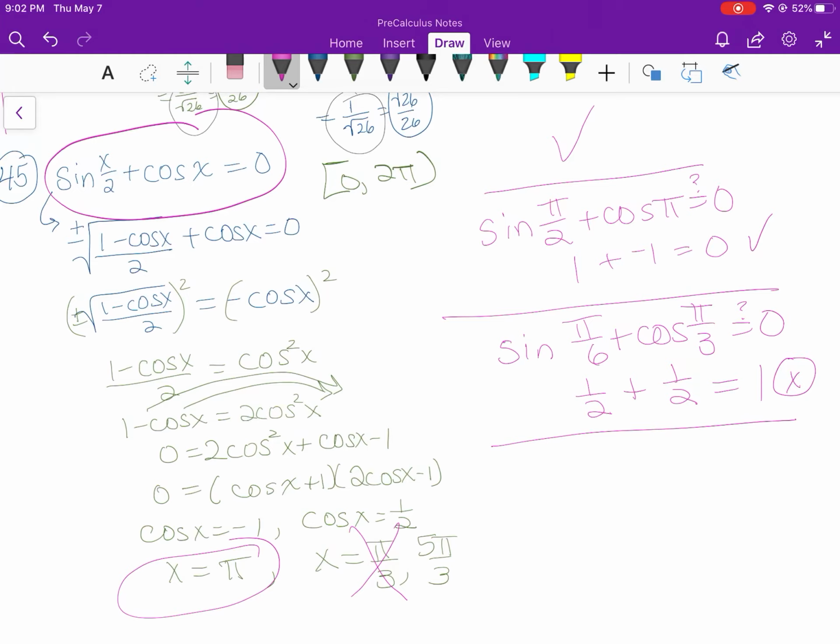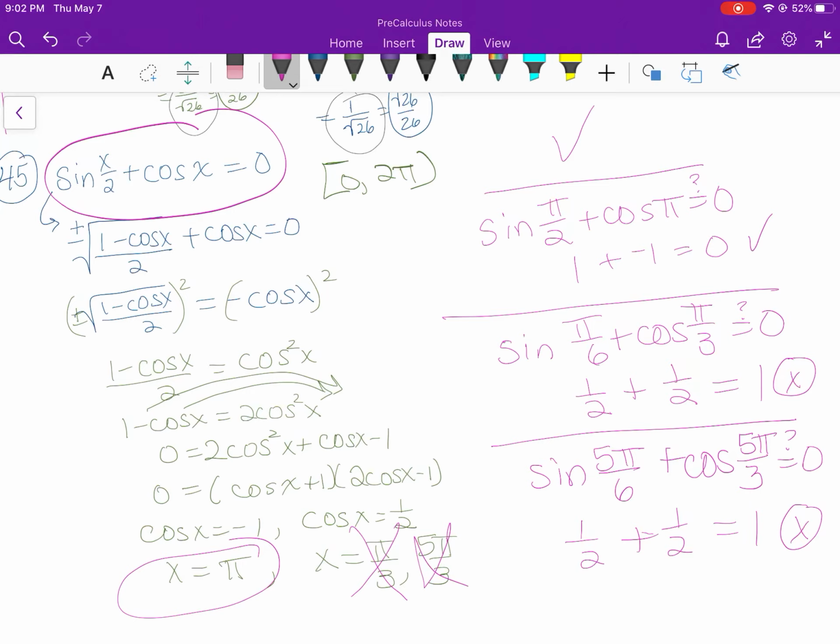And then we check 5 pi over 3, divided by 2. Does that equal 0? The sine of 5 pi over 6 is 1/2. Cosine of 5 pi over 3, let's see here, is 1/2. And that equals 1 again. So not equal to 0. So pi is your only answer.